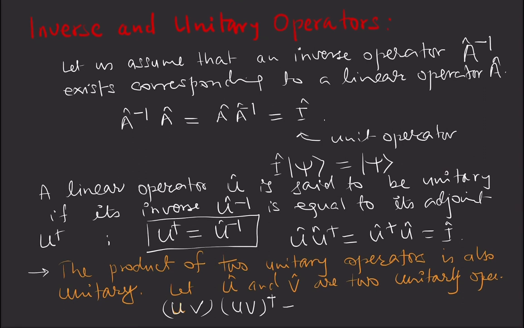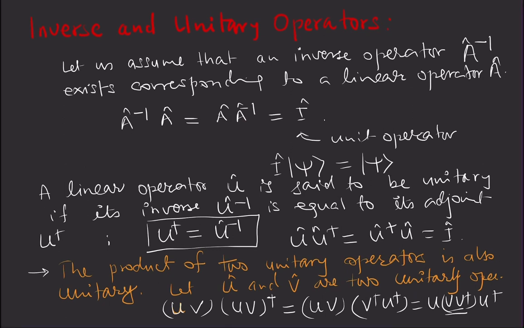UV into UV dagger is equal to UV into V dagger U dagger, and this is equal to U V V dagger U dagger, and this is equal to unity because they individually are unitary operators.